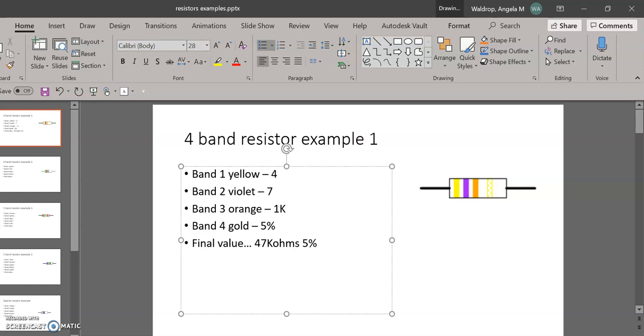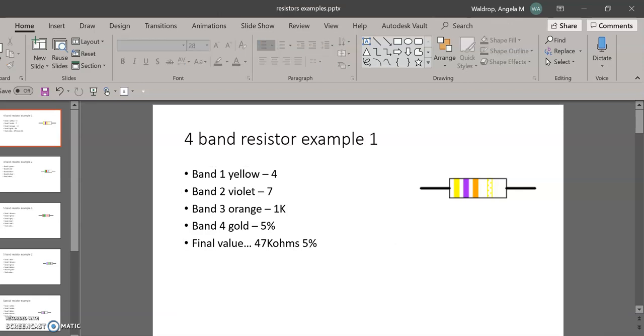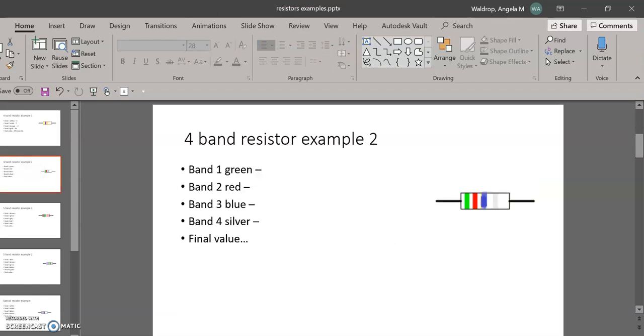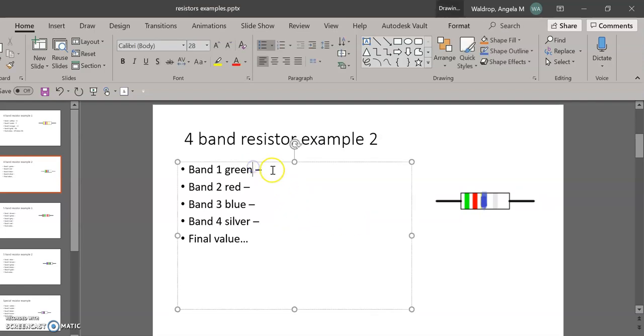So that's example 1. Example 2 is another 4-band. Again, I look at just the colors that are there: green, red, blue, and silver. The green is a 5. The red is a 2.